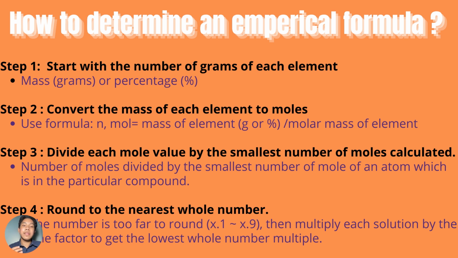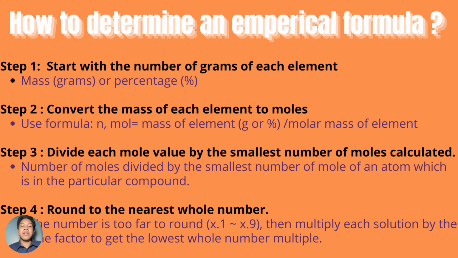Step 2, convert the mass of each element to moles, right? So in this step, we will use the famous formula that we seldom use during our high school years, right?